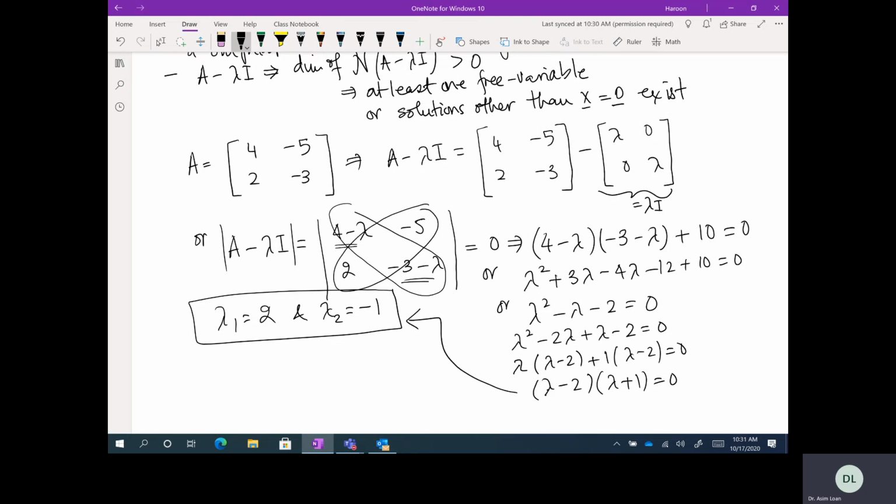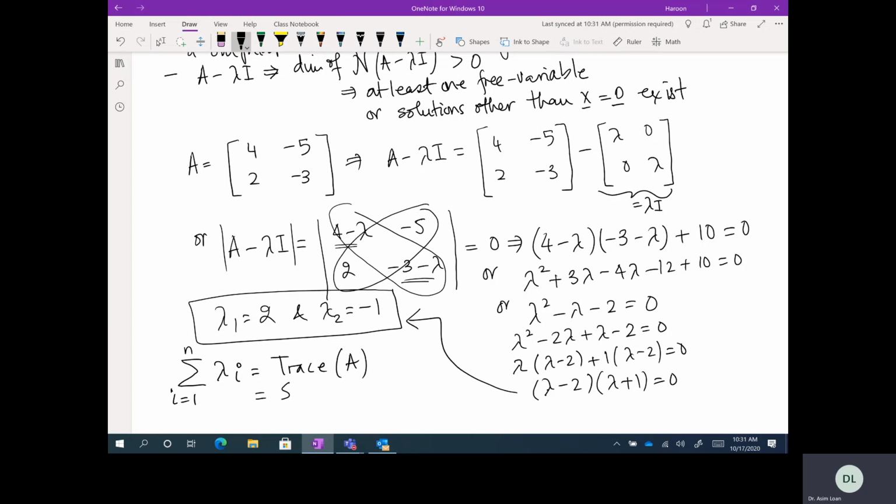There is a test that you can do, for all square matrices. The sum of eigenvalues is actually the trace of a matrix. And what is the trace?